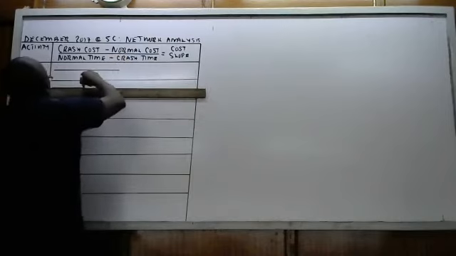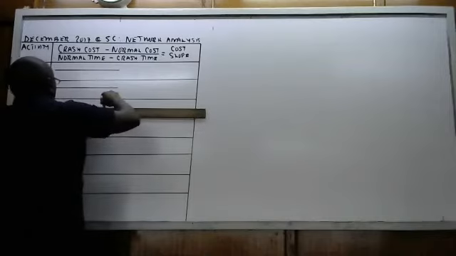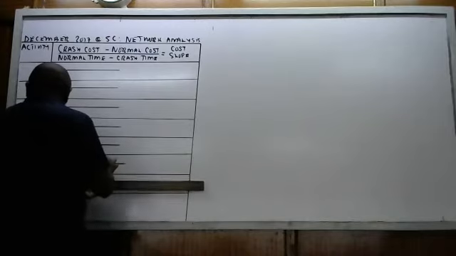So we start with activity 1 to 2, which I will call A. If the figures are in thousands, I will take 3,800 minus 2,800.